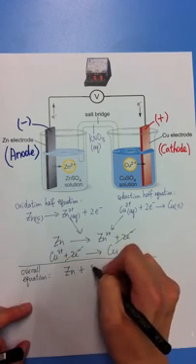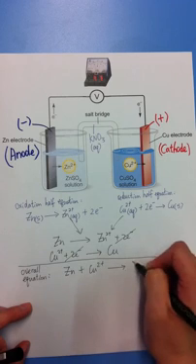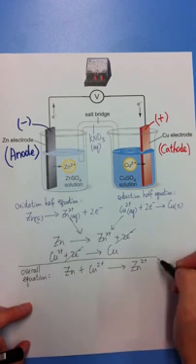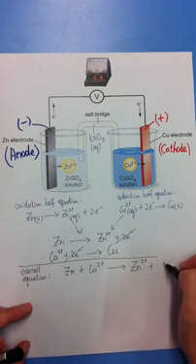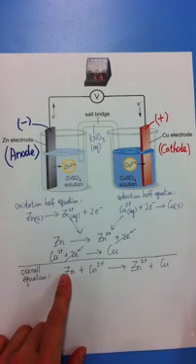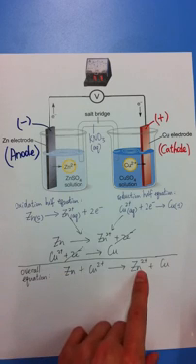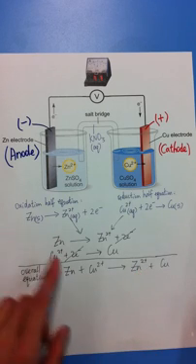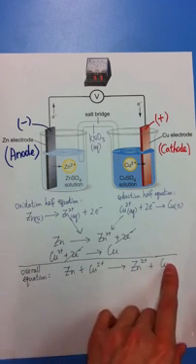Zinc and copper(II) ions react to form zinc ion and copper metal. Zinc is becoming zinc ion, copper(II) ions become copper.